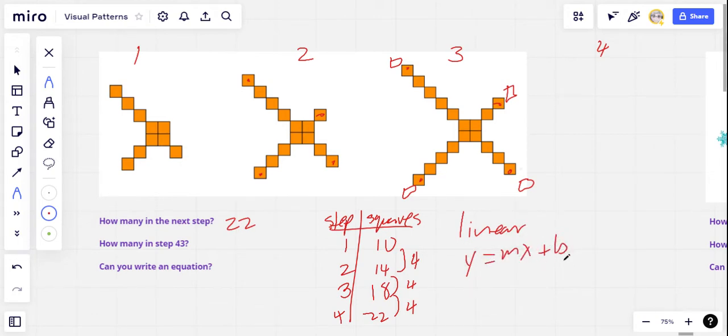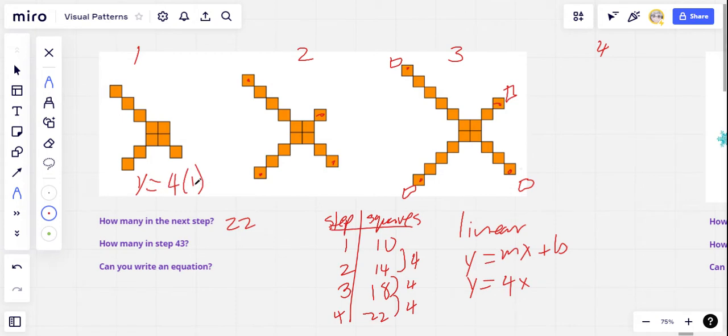So we'll do that. y equals mx plus b. This m, which usually stands for slope, is going to be our change from step to step. So this is going to be y equals 4 times the step number, x, plus something to make it all work out. So let's try this with step number 1. y will give us the total number of orange boxes, or it should. And then x is the step number.